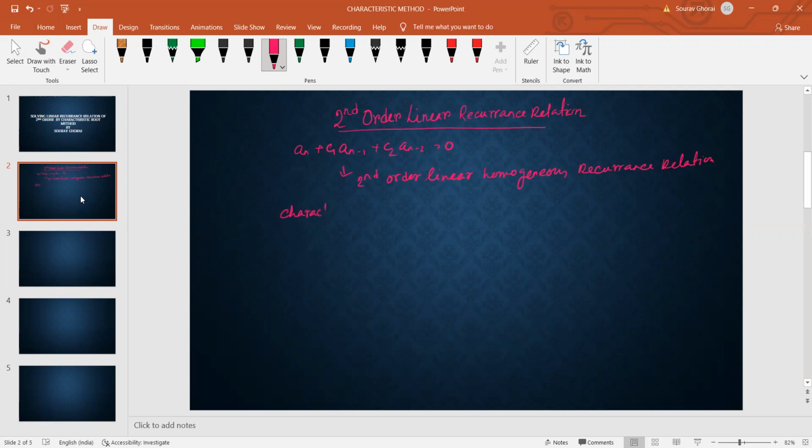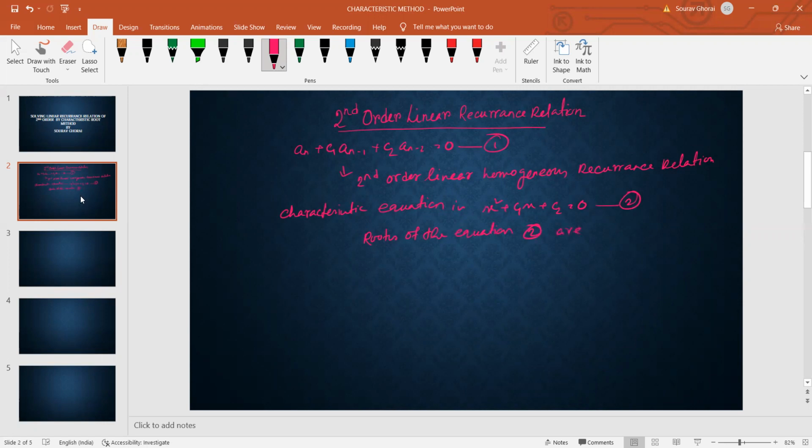The characteristic equation of this linear recurrence relation is x^2 + c1 x + c2 = 0. Now we have to remember one thing here: the roots of this characteristic equation. Let's denote it as equation 2.